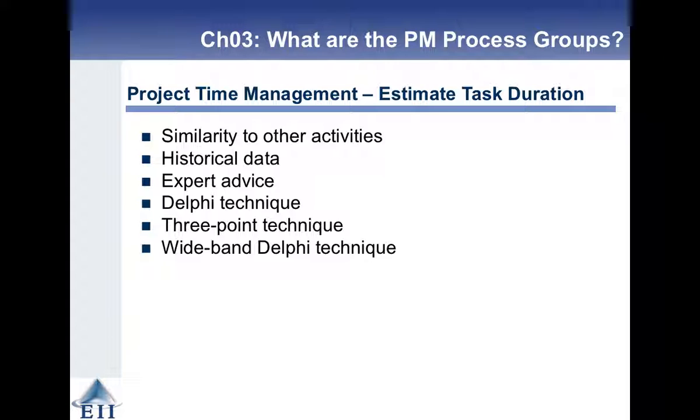You need to consult historical data. You need to consult experts. There's a technique that we'll go through a bit of an example on called the Delphi or wideband Delphi technique. There's another one called the 3-point technique, and we'll use those approaches, Delphi with 3-point technique and wideband Delphi, to get a task estimate or duration estimate.